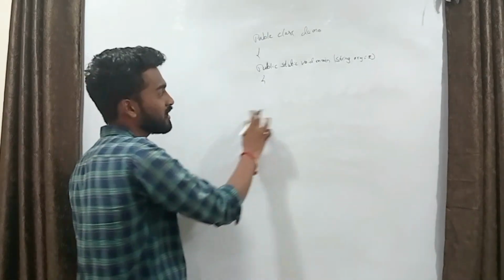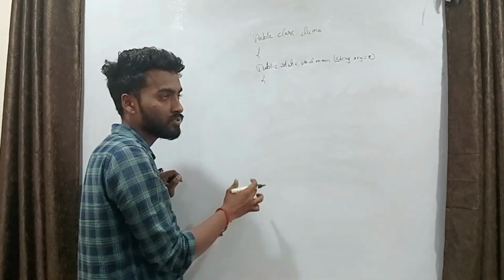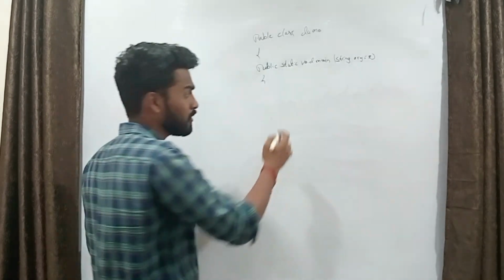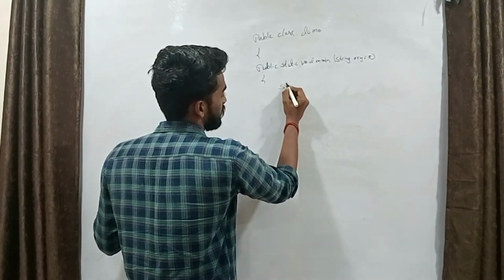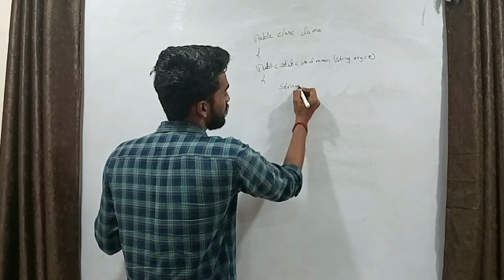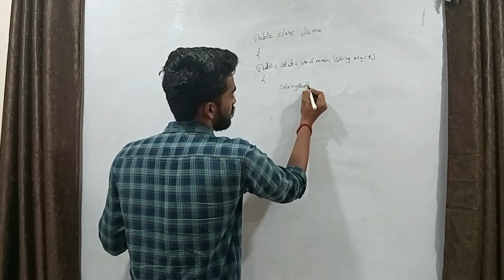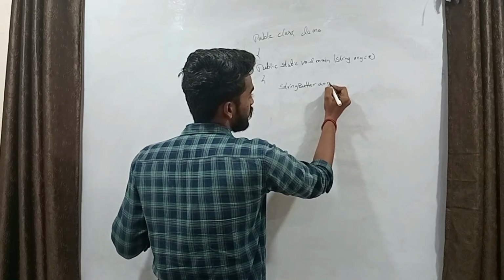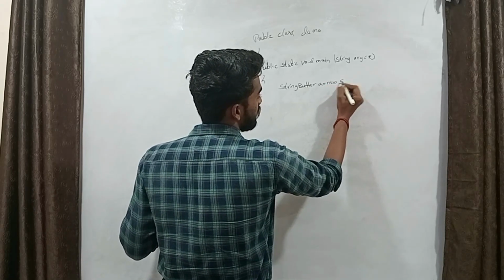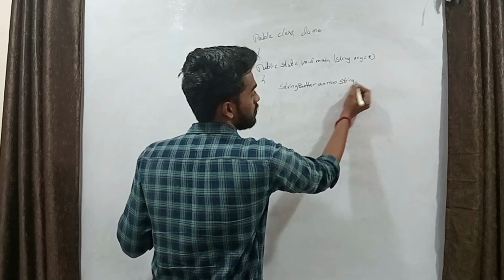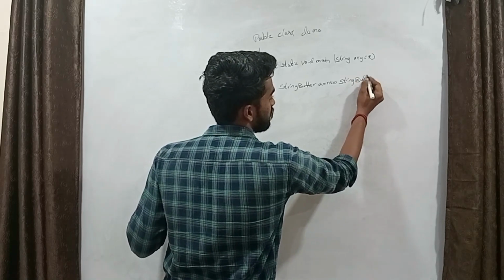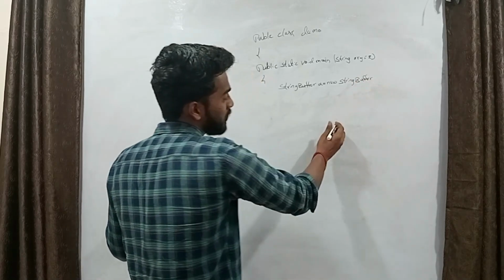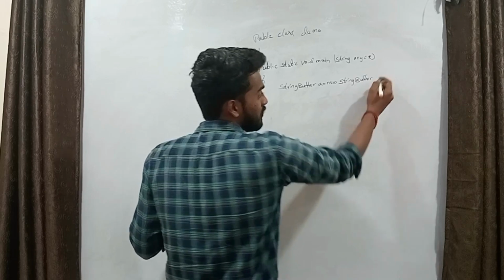And again I am creating an object for StringBuffer classes, also for easy access. StringBuffer A equals new StringBuffer. Here I am passing the value of the StringBuffer.